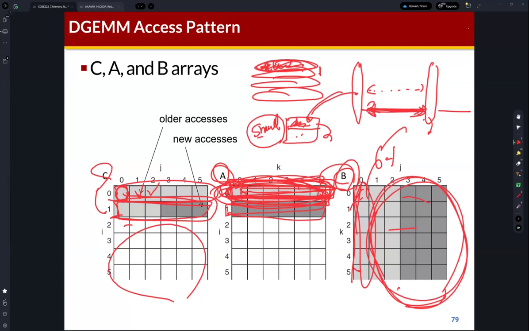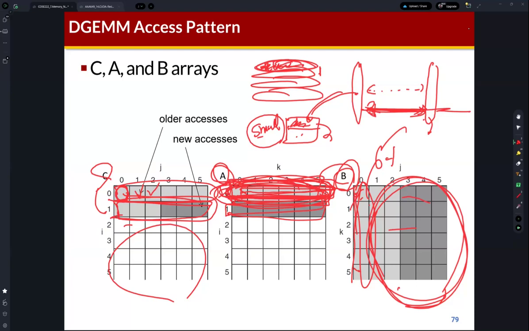If the matrix size is large, larger than the cache, then even though we can observe the data locality between this column data, this data locality cannot be utilized in the cache. Okay, this is the performance issue of the cache.